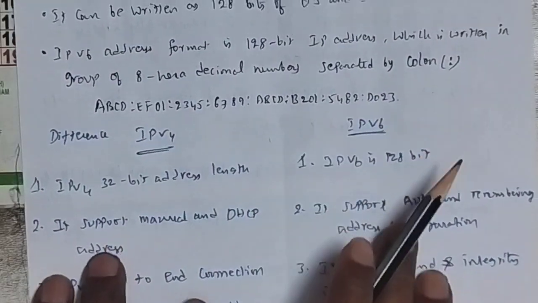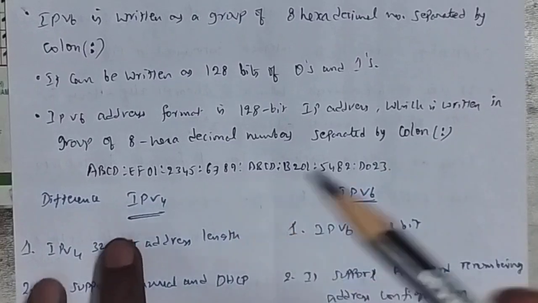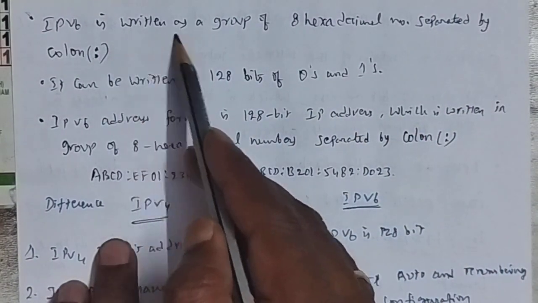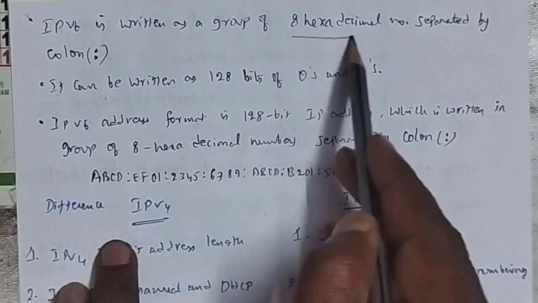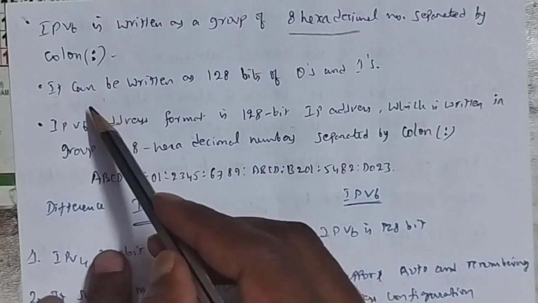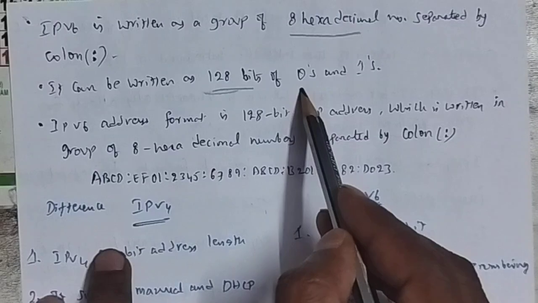Okay, now how will the IPv6 address be separated? In IPv4, the address is separated with dot notation, but IPv6 is written as a group of 8 hexadecimal numbers separated with colons. It can be written in 128 bits of zeros and ones.